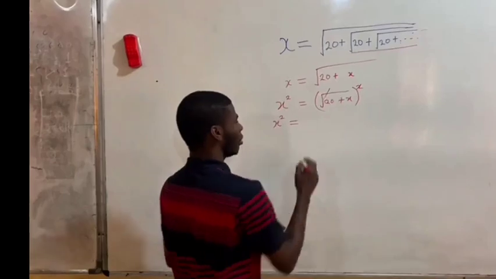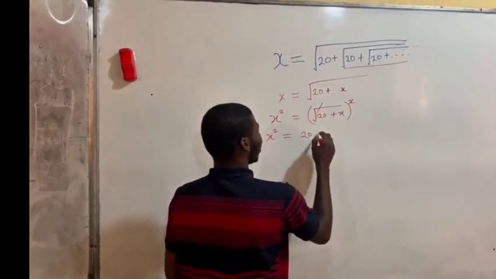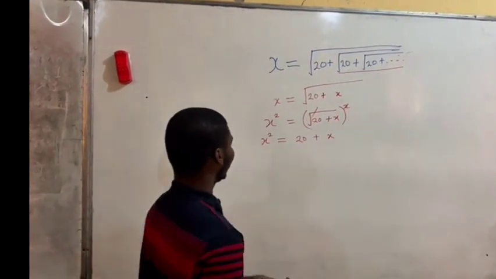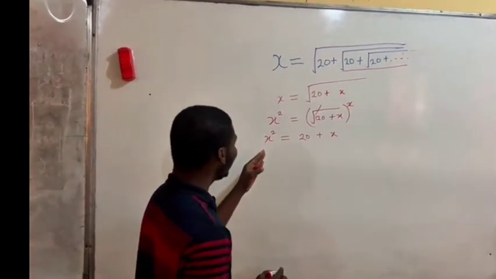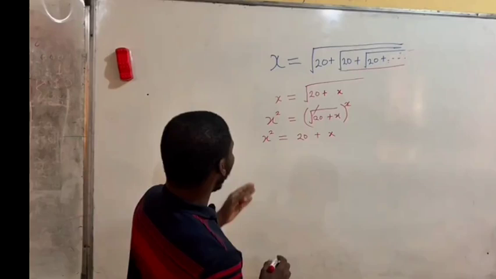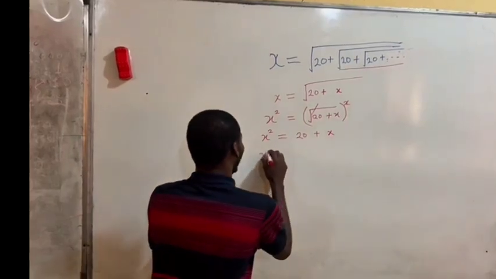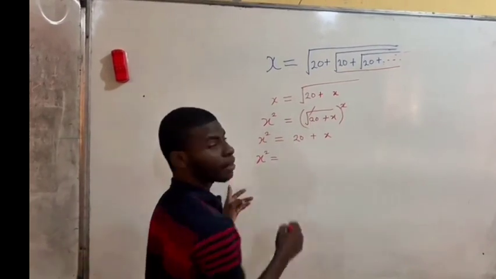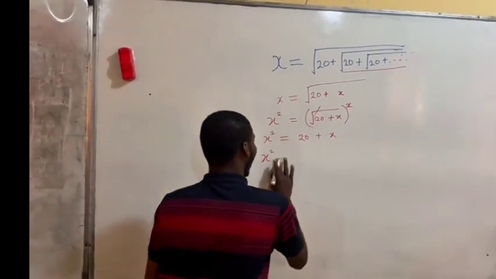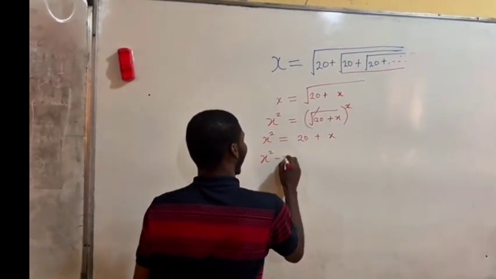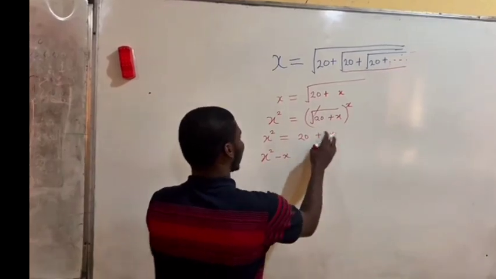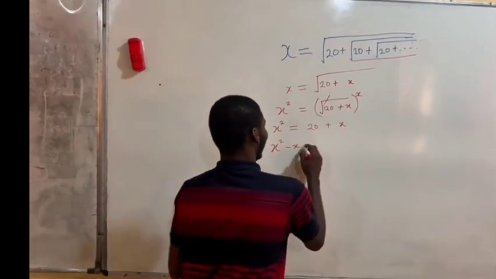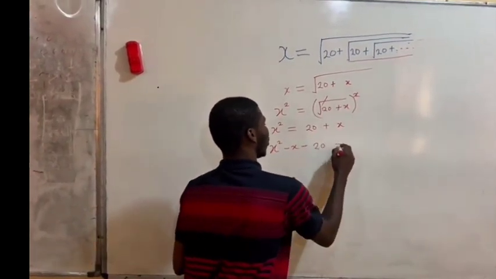Now you can transfer everything to the left hand side. So you have x squared minus x, because if positive x goes over to the left hand side, it becomes negative x, minus 20 equals 0.